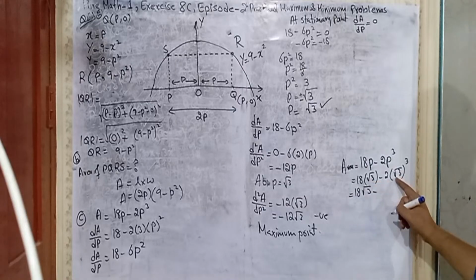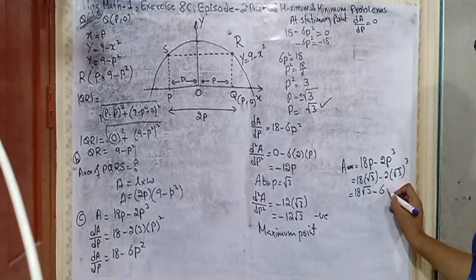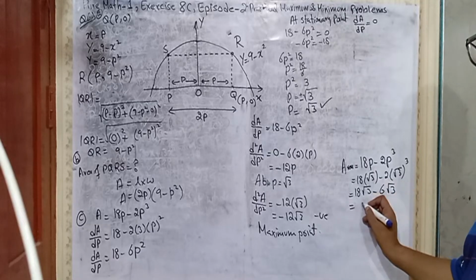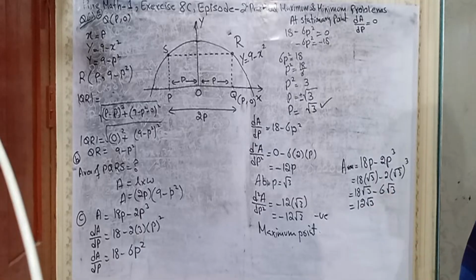Then 3 into 2 is 6, so this will become 6 under root 3. So this will become 12 under root 3. They have not written the answer in decimal, they have left it in surd form. So the maximum area will be 12 under root 3, and this will happen when the value of p is under root 3.